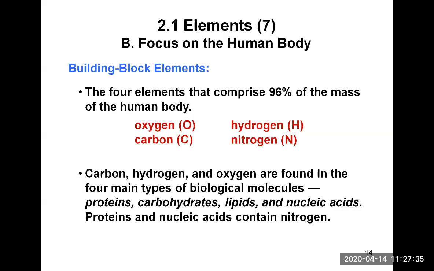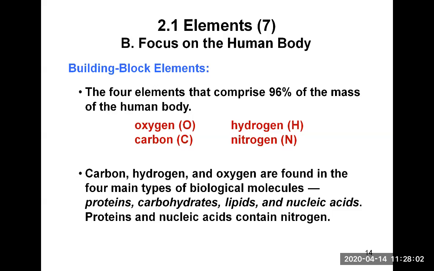And with those four elements only, many, many molecules can be made, organic molecules, and put together, they make tissues, and those tissues together make a human body, right? So we are made of those four building block elements for 96% of our mass.